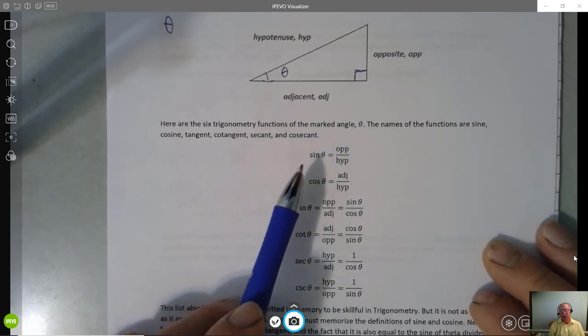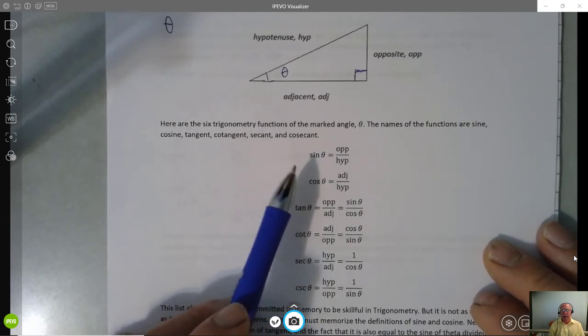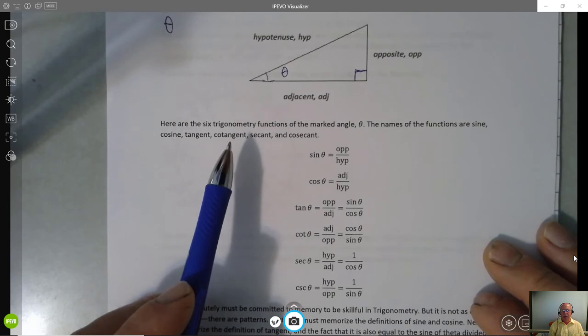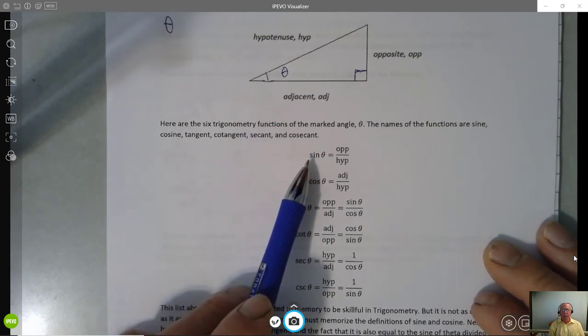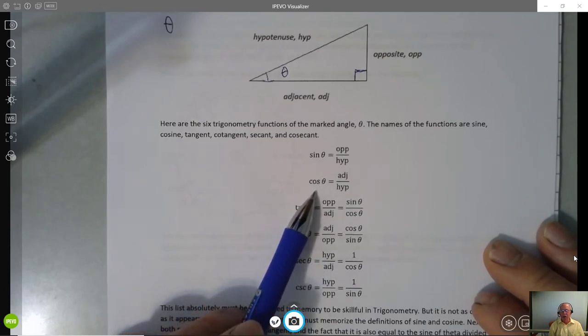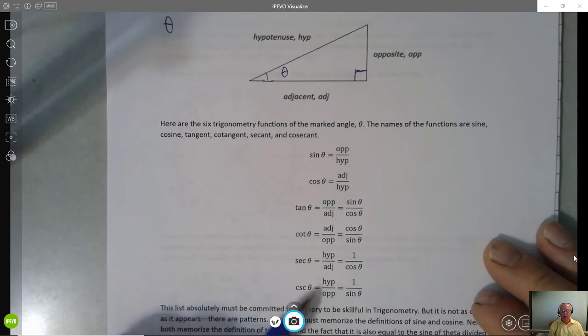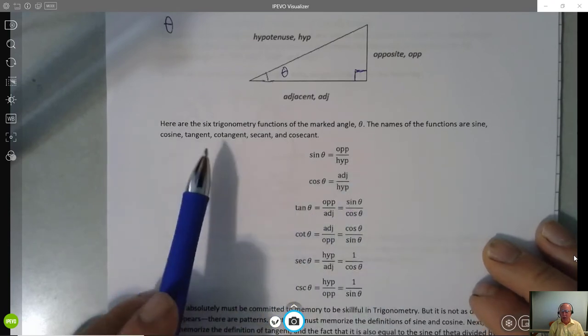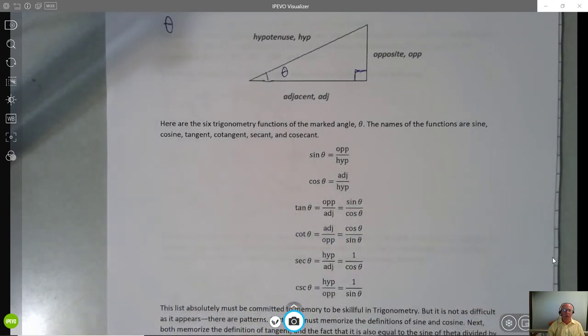But typically we don't write out sine or cotangent, for instance. That's pretty long. Sine is abbreviated by SIN, cosine by COS, etc. Those are just abbreviations for the long forms of these names.